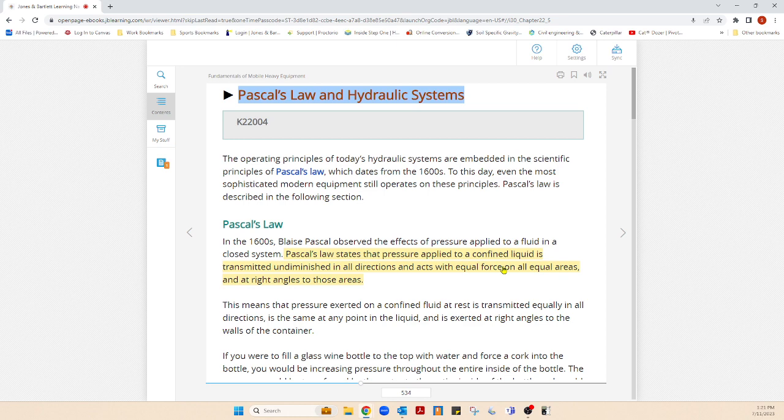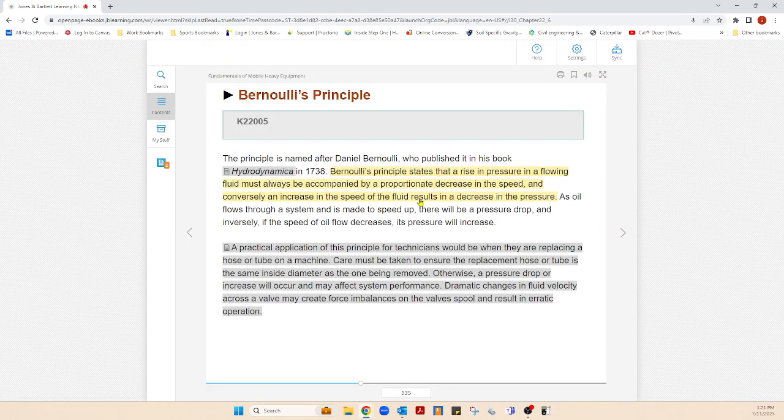And the pressure is equal throughout that system from that point on back to where it came from. I don't think I need to illustrate that. I think you got that. I don't want to overkill this video, but let me go on.